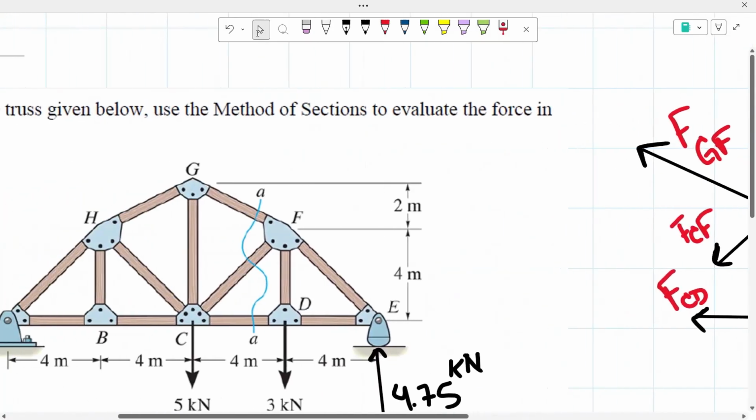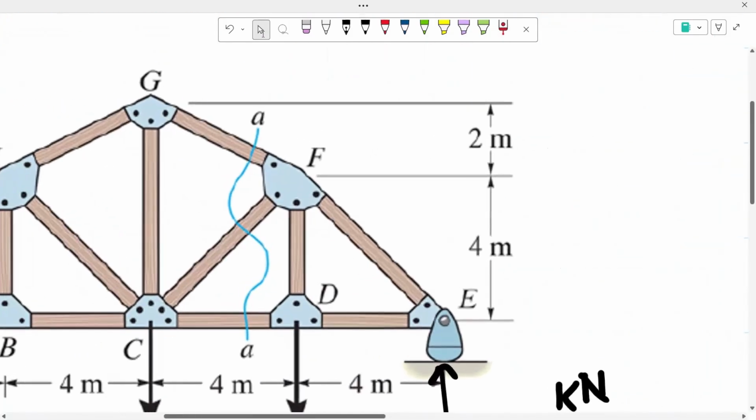Now, as you guys can see, this is at an angle, so there's going to be both a horizontal and vertical component to it. Because of that, we have to determine a value for it. So we're going to look at the dimensions that are given to us. What's given is that from here to here, we have a distance of 2 meters.